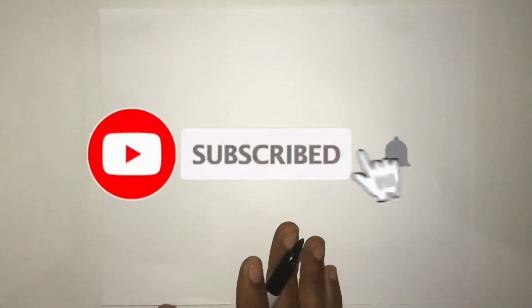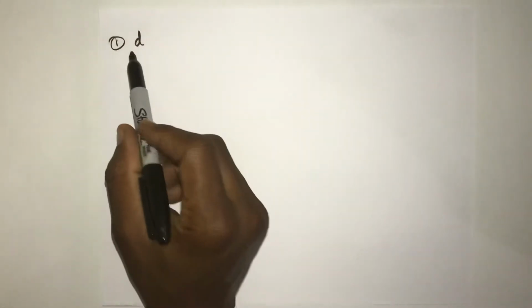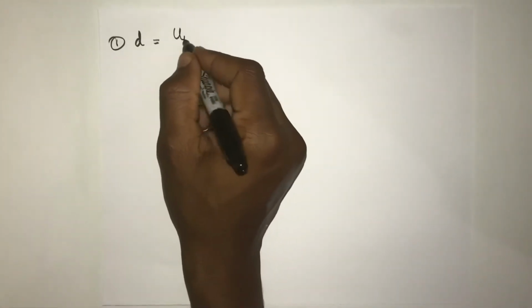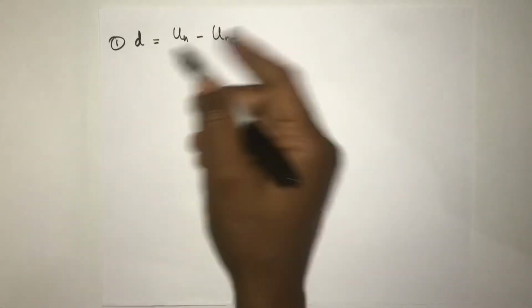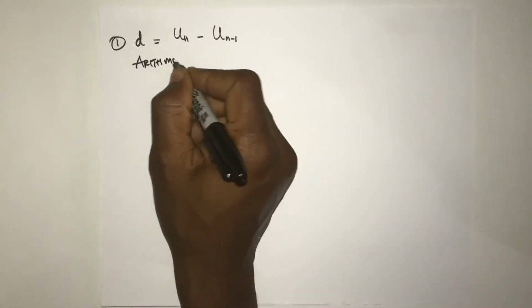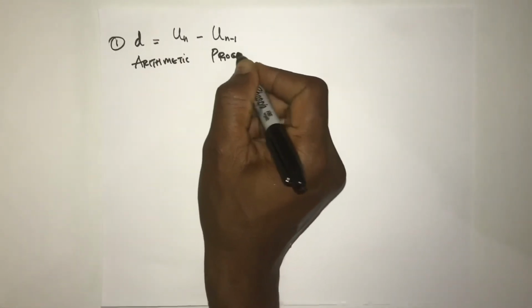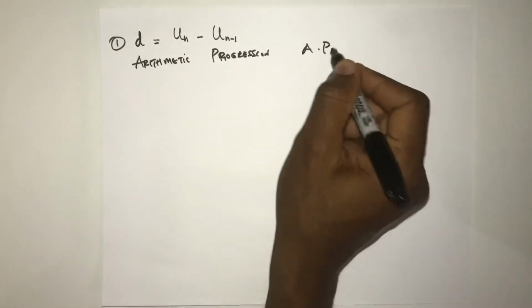Now, there are two other common types of sequence. One is those which differ by a common difference d, where the common difference d is denoted by U_n minus U_(n-1). These are called arithmetic progressions, and they are generally denoted by AP.